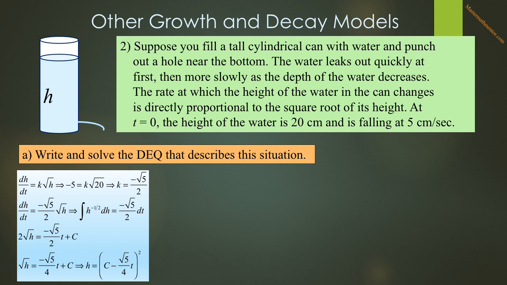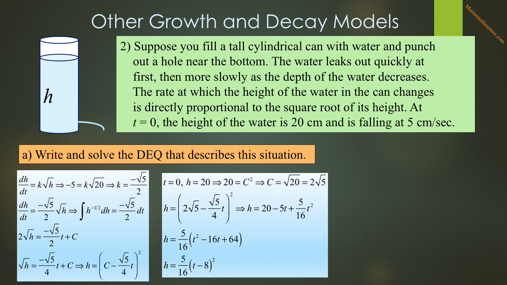And now we would like to solve this for h, so we'll divide both sides by 2, getting the square root of h is equal to negative square root of 5 over 4 t plus c. And we square both sides to get h is equal to the quantity c minus the square root of 5 over 4 t, quantity squared.